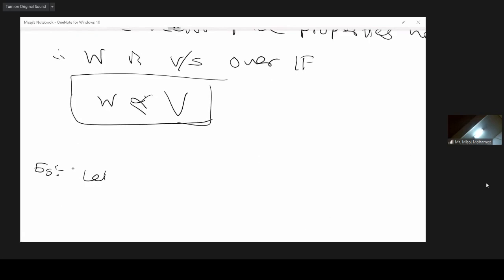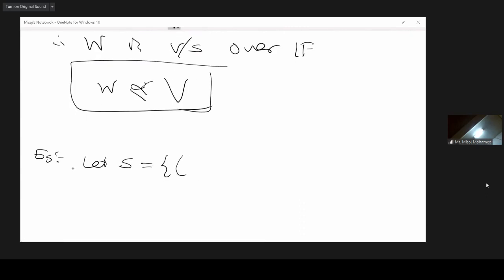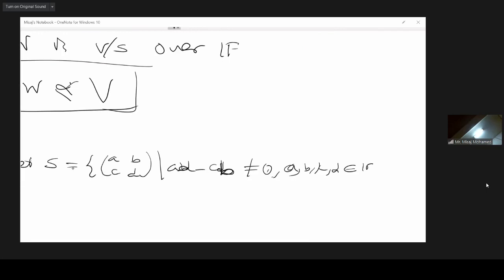Example: let S be the set of matrices with entries a, b, c, d such that ad minus bc is not equal to 0, where a, b, c, d are real numbers.